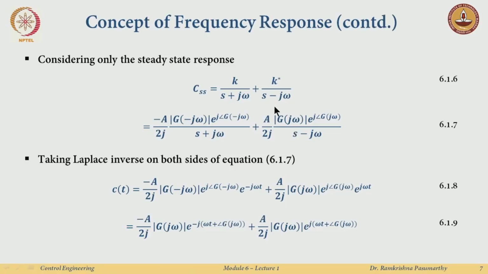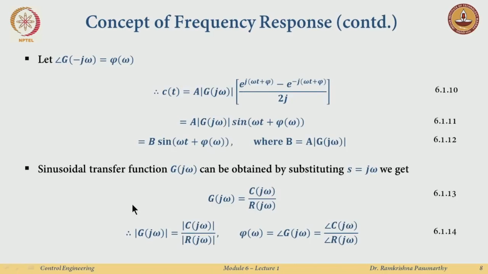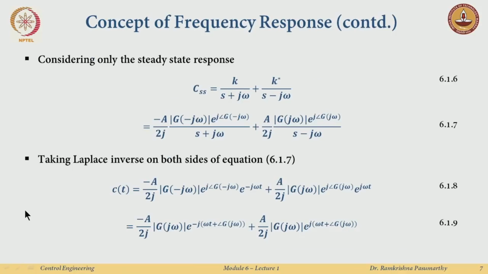And then I take the inverse Laplace transform, well these are also kind of easy to compute, and what I get as the result, now this is important: the response is B times sine of omega t plus some phi. How did our input look like?